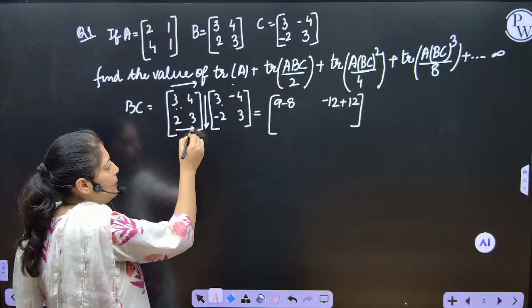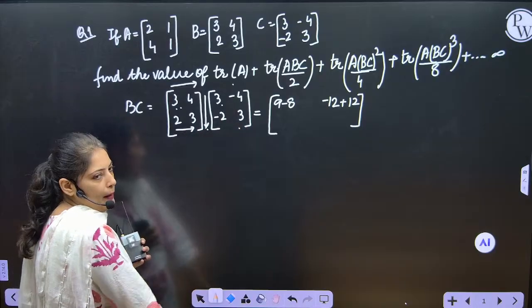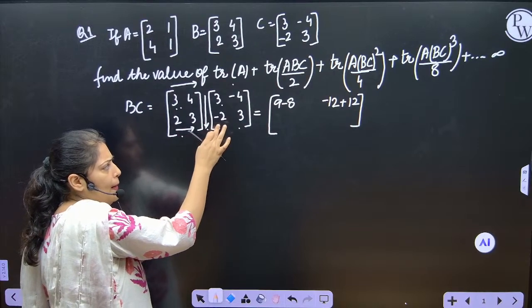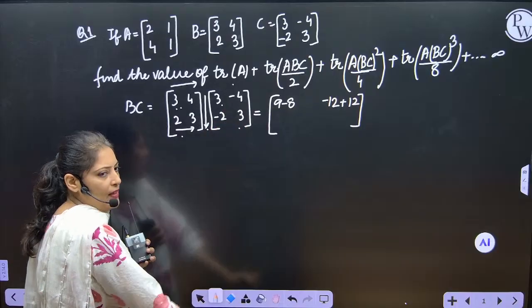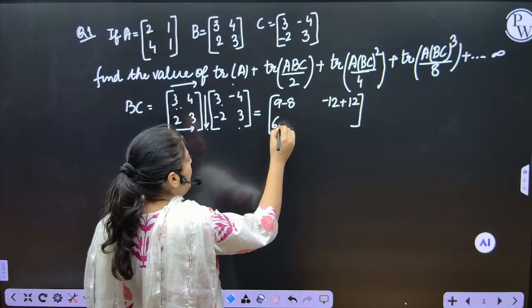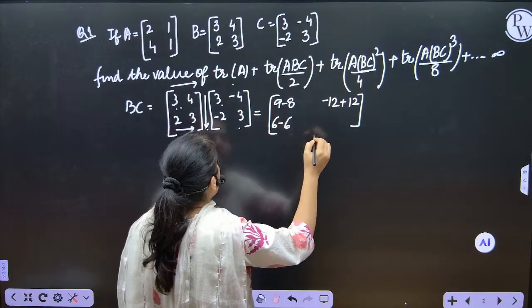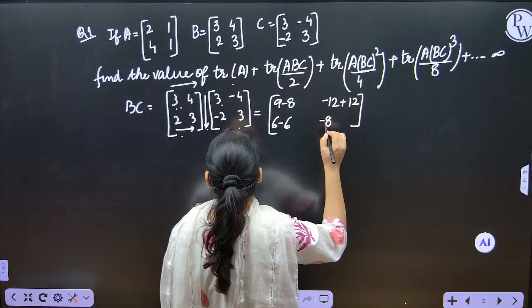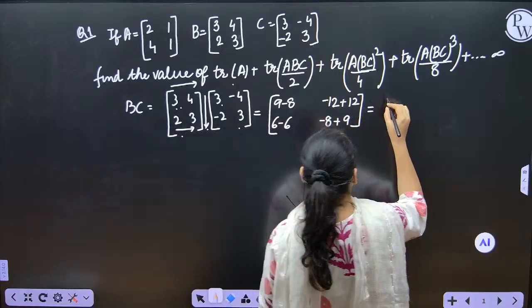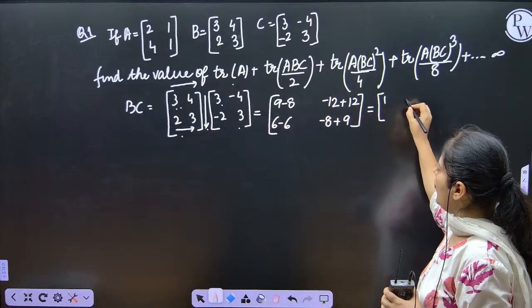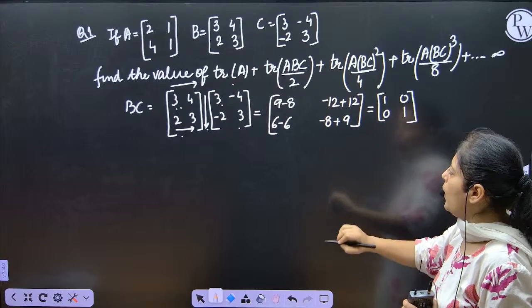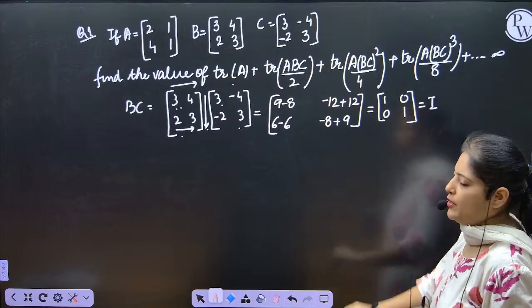Now the second row will be multiplied with the first column, and the second row with the second column. 3 into minus 2 is minus 6, 4 twos are minus 8, plus 3 threes are 9. So can you all see it is coming out to be 9 minus 8 is 1, 12 minus 12 is 0, 6 minus 6 is 0, 9 minus 8 is 1, and this is nothing but the identity matrix.